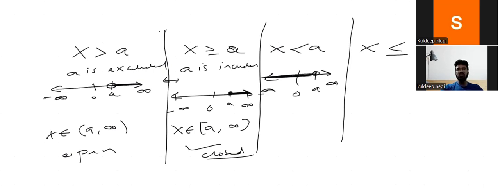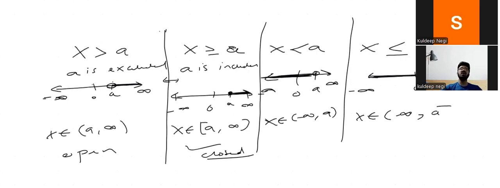So this is 0, this is a, this value is included, and again to the left side. The range of values here is x belongs to (minus infinity, a), and here x belongs to (minus infinity, a] with a closed bracket. So these are the four basic inequalities you should know about.